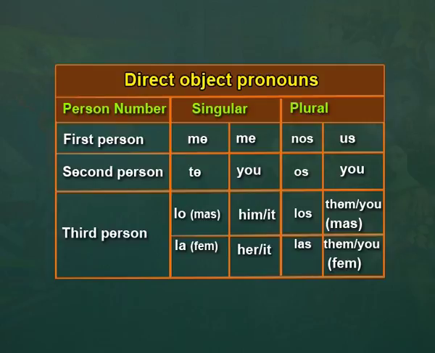The direct object pronouns are me, you, him, her, it, us, you, them.